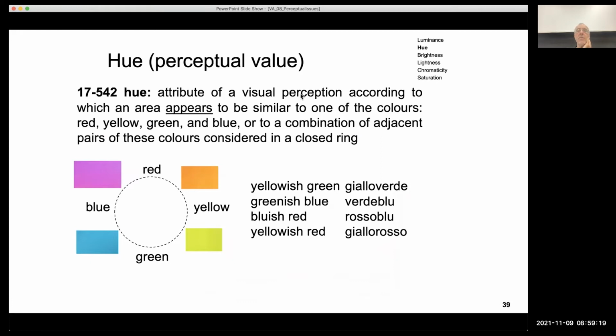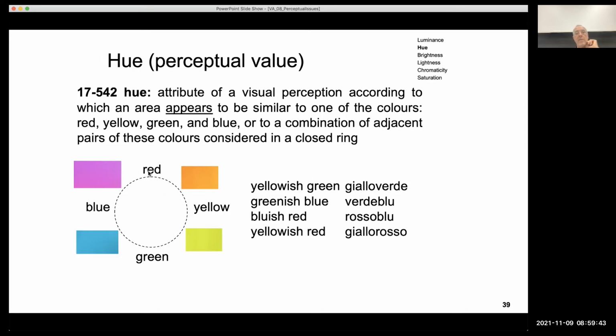So we're talking about visual perception, according to which an area appears, not is, appears to be similar to one of these four colors, red, yellow, green, and blue, or a combination of adjacent pairs, considering the closure of the ring.